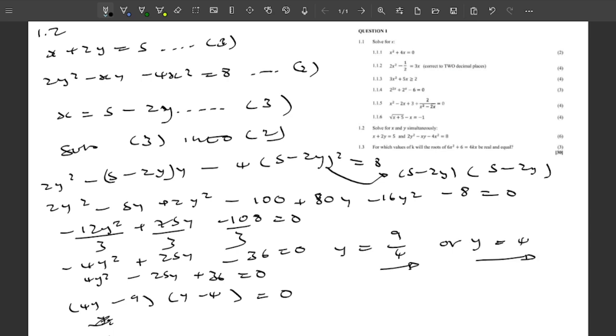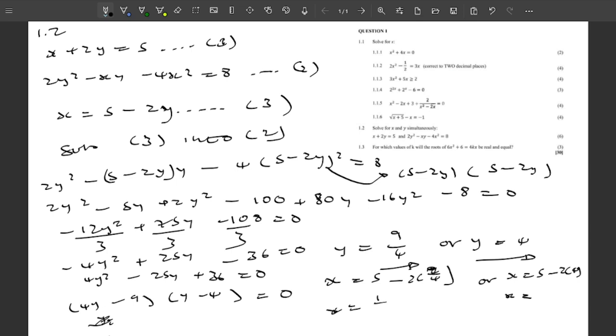Same way that we have been doing the past hours. Now since we found that y is equal to 9 over 4, or y is equal to 4, we have to put it into the equation that we created in order to find x, so x is equal to 5 minus 2 times 9 over 4, or x is equal to 5 minus 2 times 4, and you should find our answer.